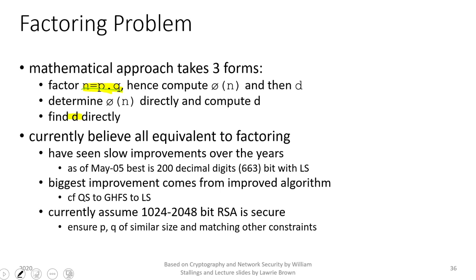But the fact is, because we use significantly larger keys like 1024 or 2048-bit RSA keys, at that scale, it is impractical from a mathematical point of view to solve it as a factoring solution. So that is the current situation with that.